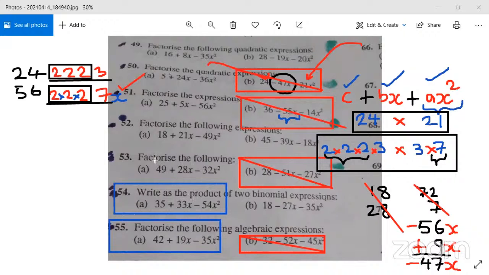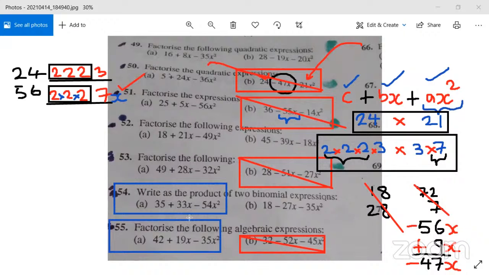These ones are not too difficult. You have a 49 in there. So you know you're going to have 7 times 7. And this is 32. 32 consists of 5 2s as the prime number. So that's probably not going to be too difficult to do, right?